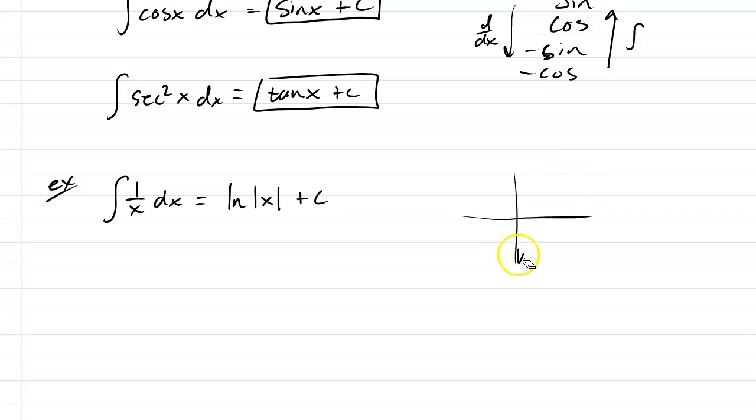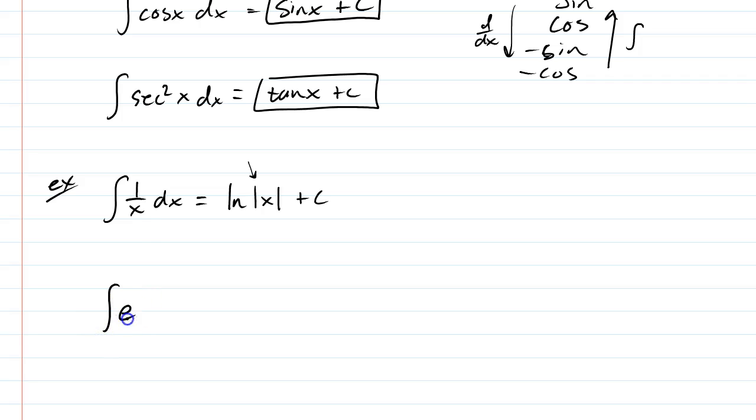But if you look at 1 over x exists on both sides. And so what happens here is the absolute value is telling us that the ln should work on both sides. So the takeaway is, if you don't understand that much, you can at least say that whenever you do the antiderivative, instead of a parenthesis, do absolute values right there. Okay, so that's 1 over x.